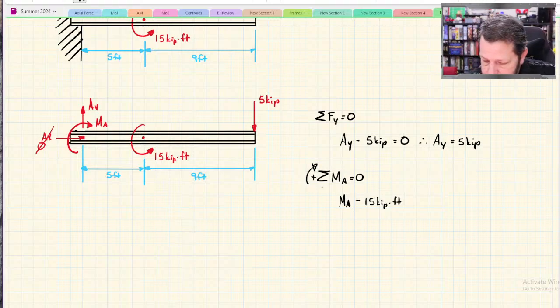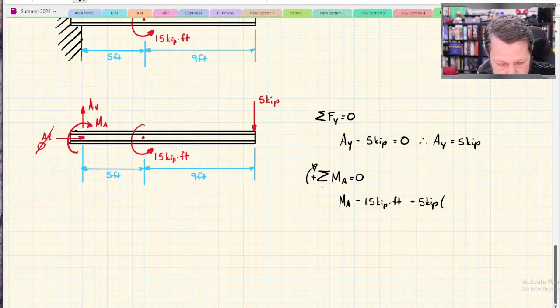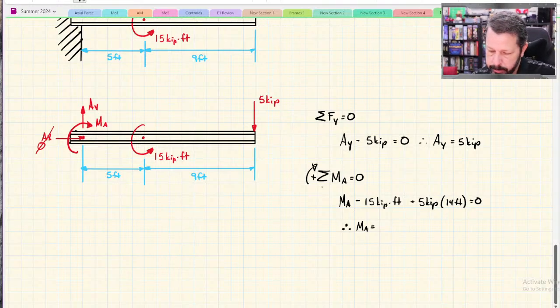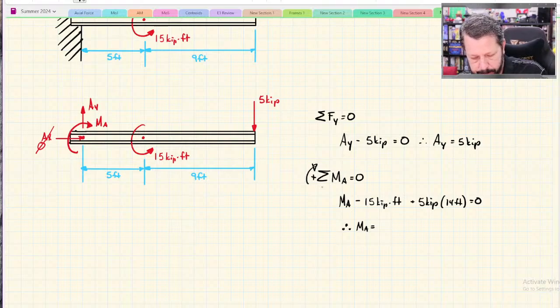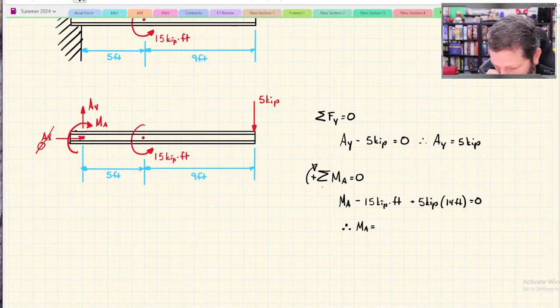And then I've got plus 5 kip. That one does have a moment arm of 14 feet. The only unknown is MA. And it will equal 15 minus 5 times 14. Negative 55.